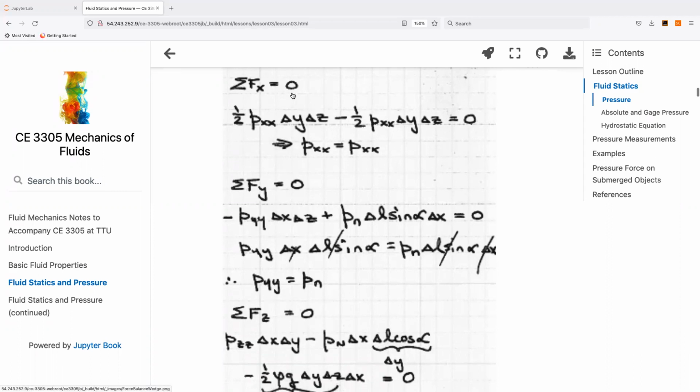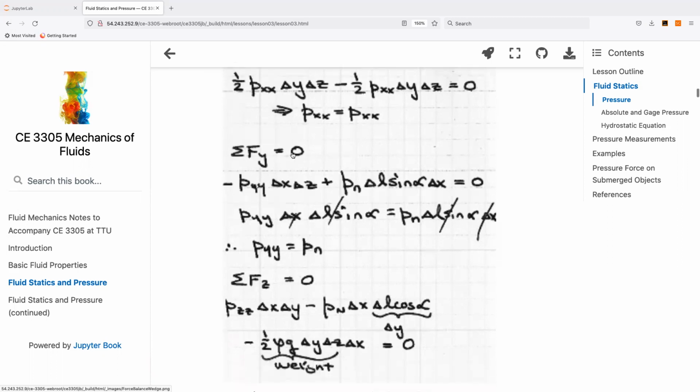So the sum of the forces in the x direction, we'll set equal to 0, and we will take the pressure force on the back face minus the pressure force on the front face equal to 0, and we will learn the startling discovery, using the double subscripting, that pxx is equal to pxx. Amazing, isn't it? 1 equals 1.